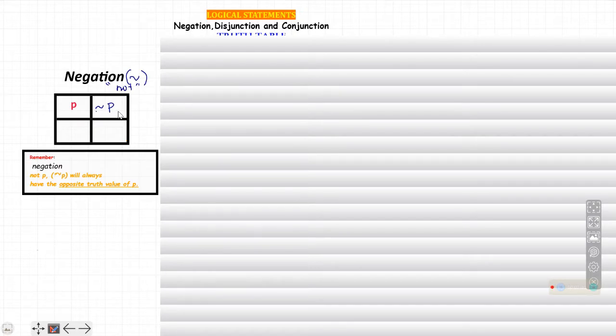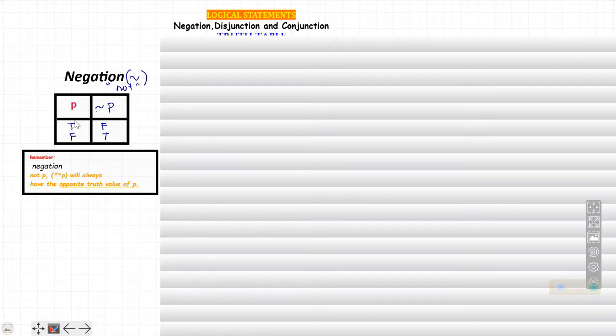Okay, so there are two cases, or two combinations, that we just need to remember when we want to know the truth values of negation. If the P statement is true, then the negation of true is false. And if the statement P is false, then the not P, or the negation of P, will be true.